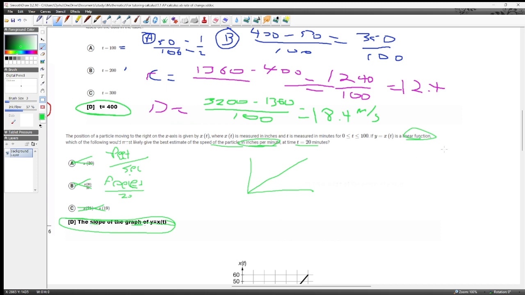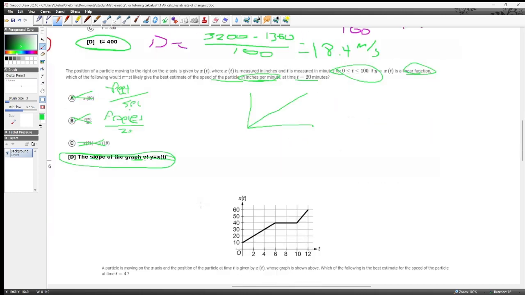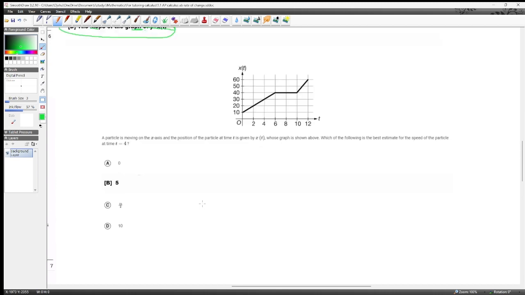Here we go to our last example. A particle is moving on the x-axis, and the position of the particle at time t is given by x of t, whose graph is shown above.